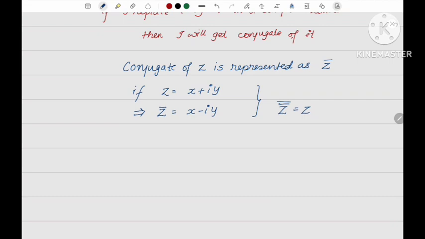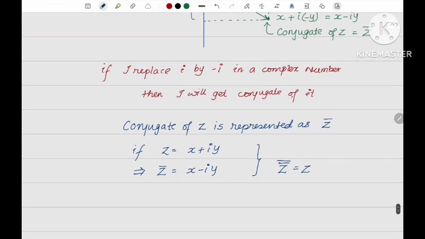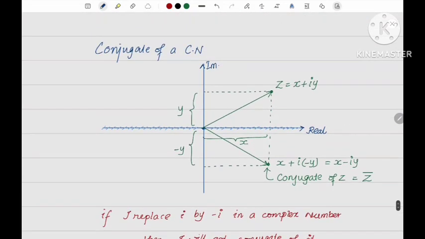The mirror image of the conjugate will go back to the same complex number. So z bar bar will become z.